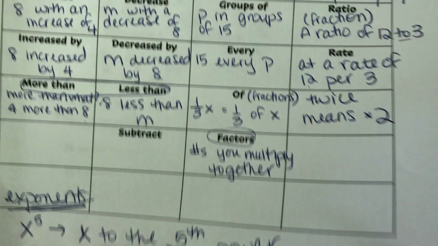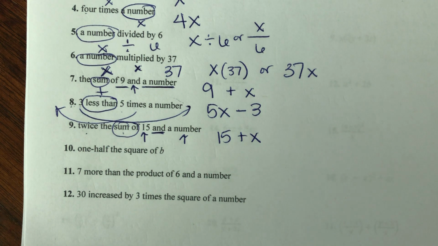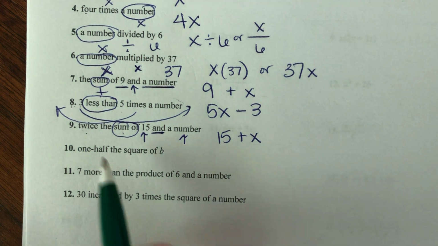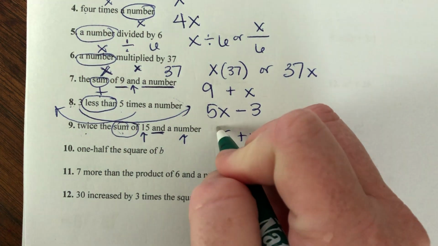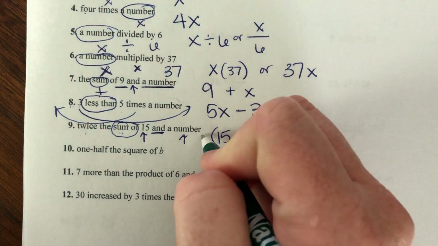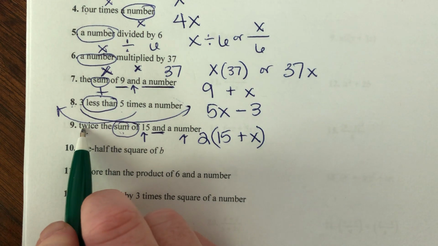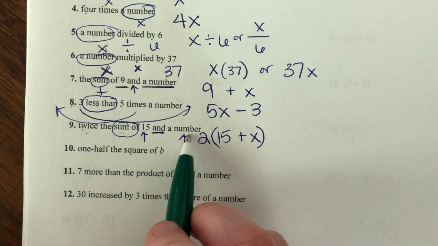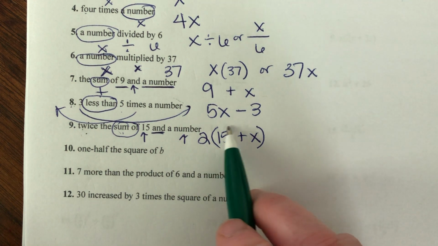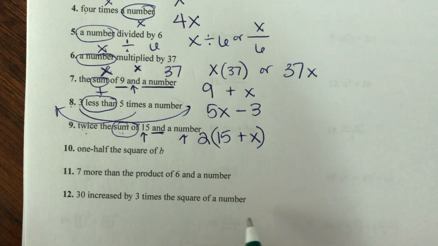So when you say twice, if I did something twice, I did it 2 times. So if I say twice the sum, it means 2 times the sum. So I'm going to put this in parentheses and put a 2 out front. Twice the sum of 15 and a number: 2 times 15 plus a number.